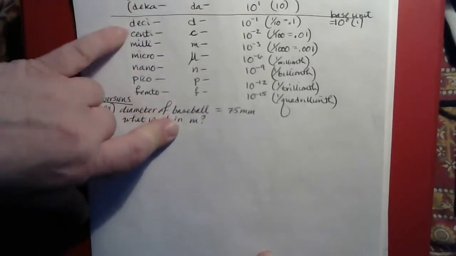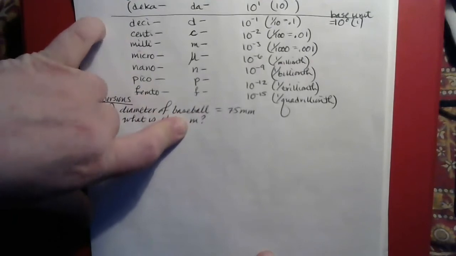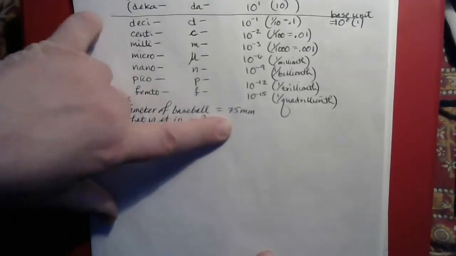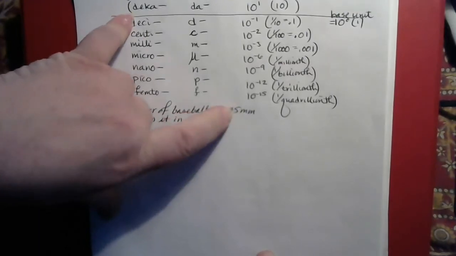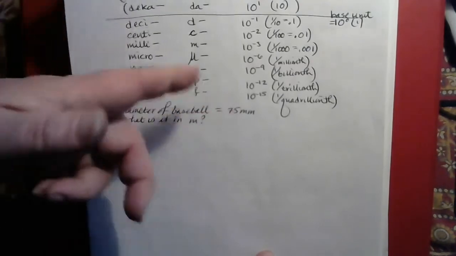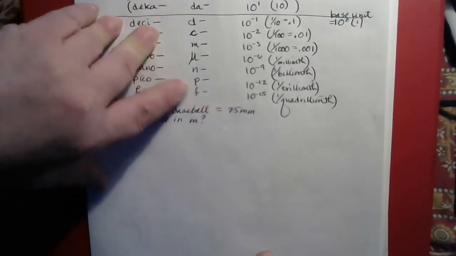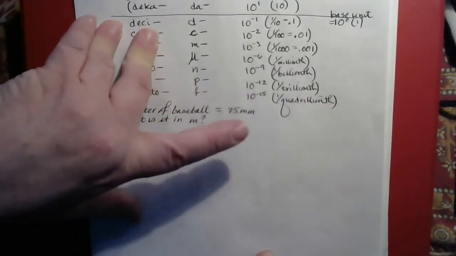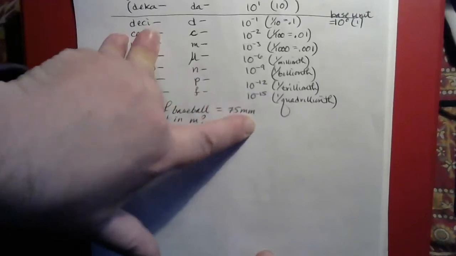In this case, both units are within the metric system, so all you really have to do is know the values of the metric prefixes. And fortunately, one of the units has a prefix and the other one doesn't. That makes things easy. That usually means that you can probably do this conversion in one step because all you need to know is the value of the prefix milli.